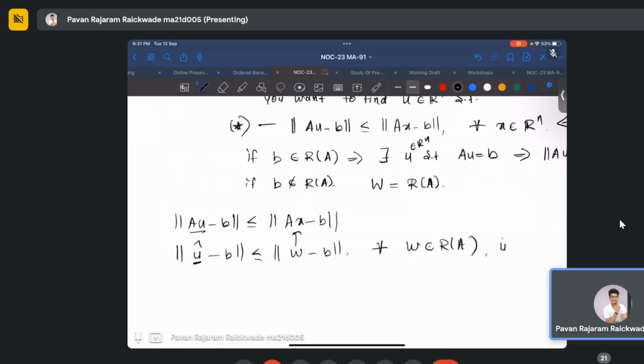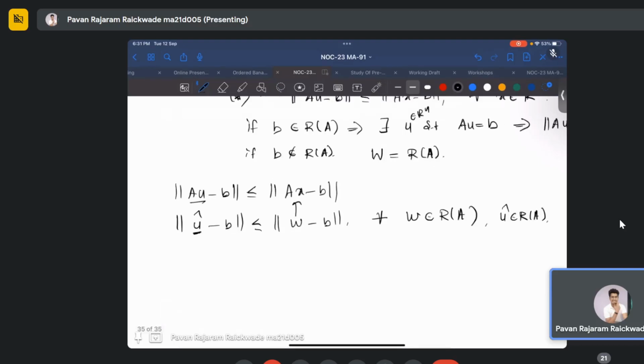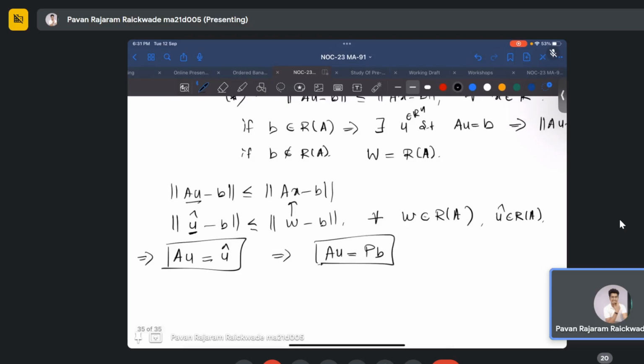This u tilde also belongs to range space of A. So Au has to be u tilde, or in the previous notation, Au has to be Pb, the projection Pb that I defined.